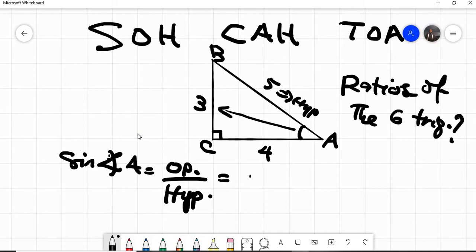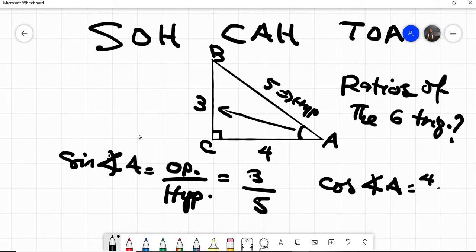So it's 3 over 5. That's sine. Then cos angle A is adjacent over hypotenuse, which is 4 over 5.